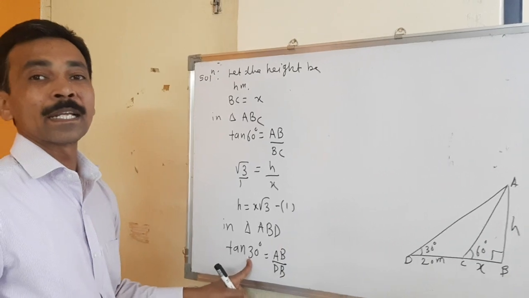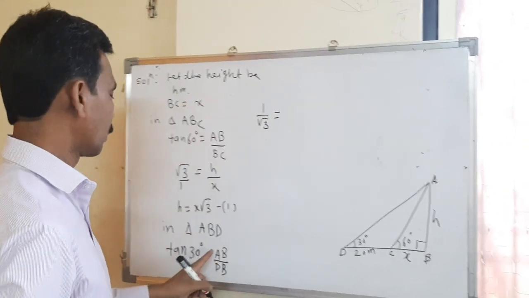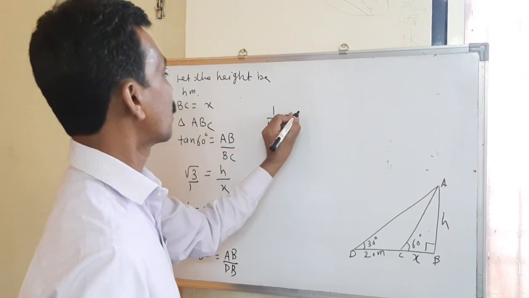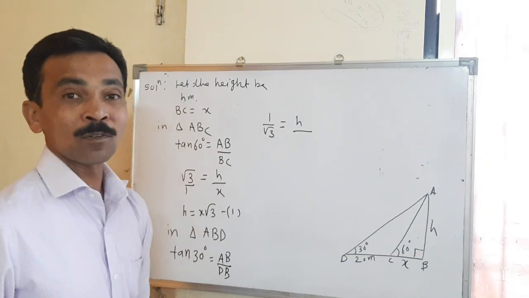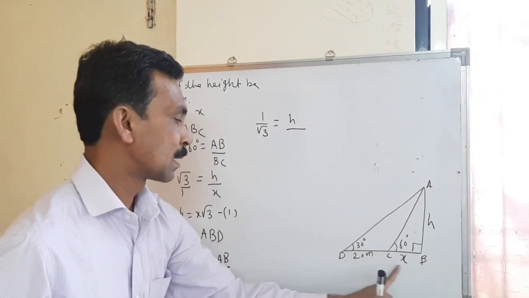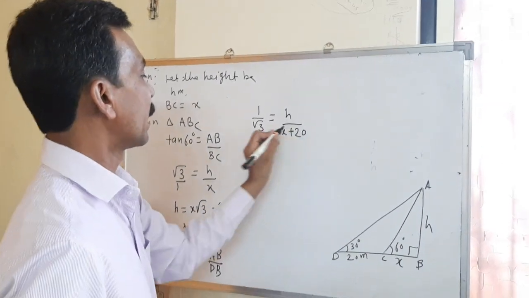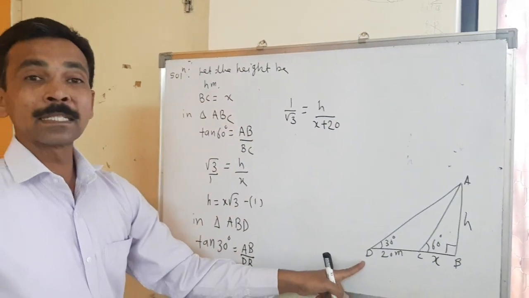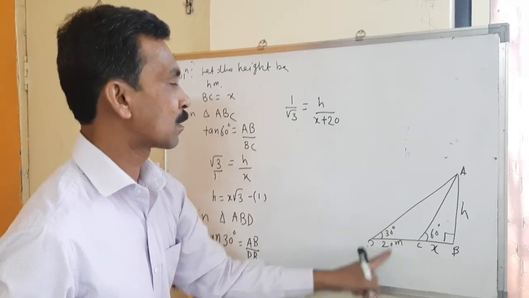What is the value of tan 30? 1 upon root 3 is equal to AB, AB is how much? H upon BD. BD is made up of two parts, X plus 20. Again I am telling you, BD is equal to BC plus CD. That is X plus 20.